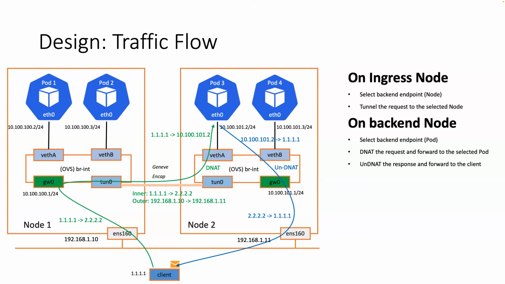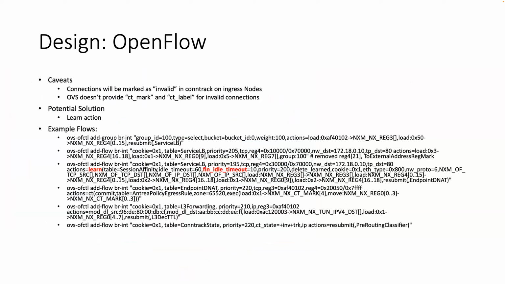Hey, Chen, sorry, I had a super quick follow-up question about what we discussed before. So you said that for invalid connections, CT mark and CT label are not available in OVS, but can you remind me why we need CT mark and CT label on the ingress node here? Let me think about it. I remember for the following packets, because we don't perform NAT, right?